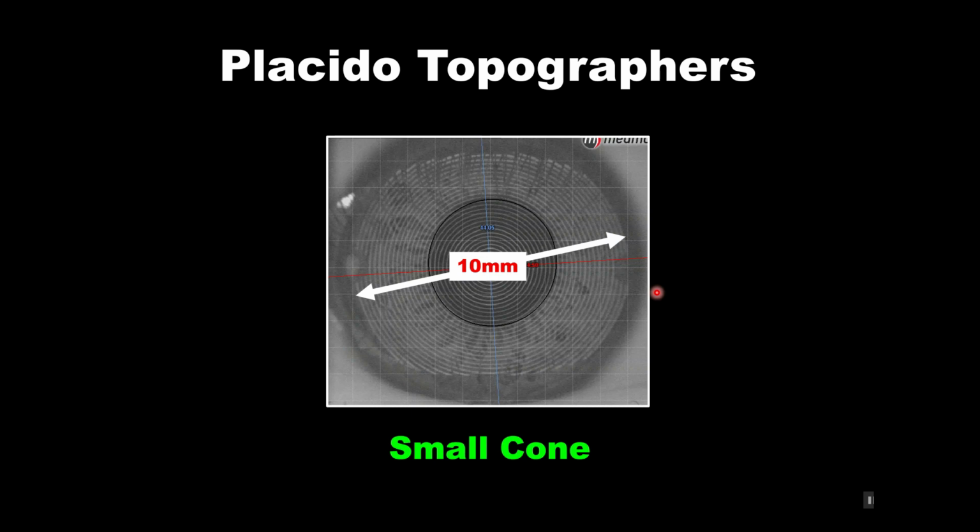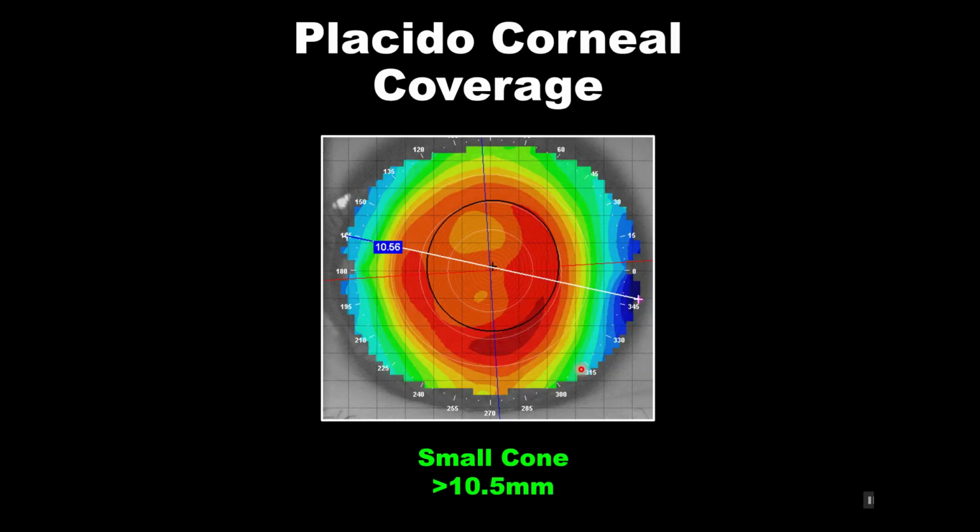So a Medmont will generally give you no smaller than a 10 millimeter diameter, and often we can get as much as 11 millimeters even in a single topography image.